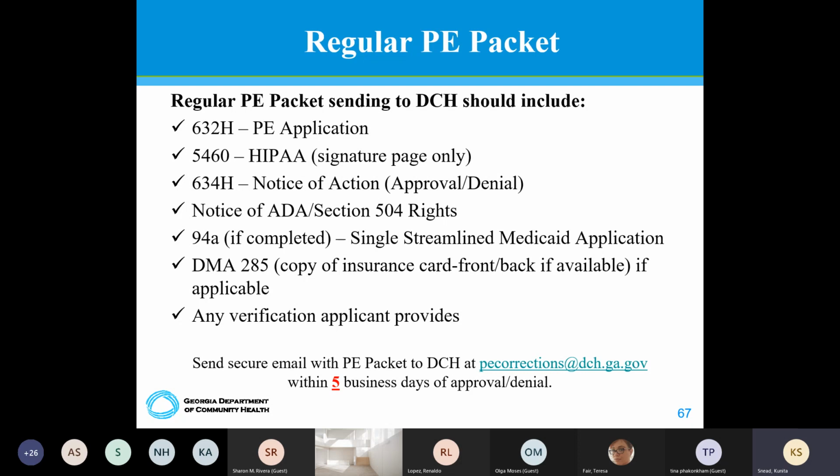The 94A if it was completed, and if they had other health insurance, the DMA 285, and if available, a copy of the insurance card, the front and back side, and any verification that they provide to you all. So this is what your PE package should consist of when you send it to DCH. Any questions over that part before we get to the telefunded signature part?